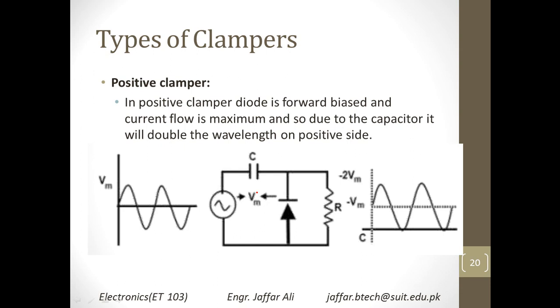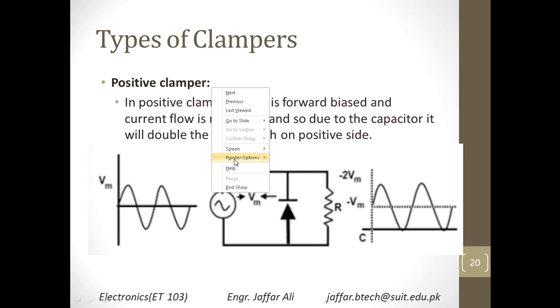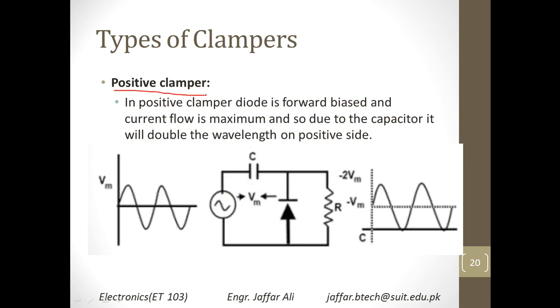Now coming towards the types of clampers, there are basically two types of clampers used in electronics. The first one is known as the positive clamper, in which you have the option to take the negative and add it to the positive.